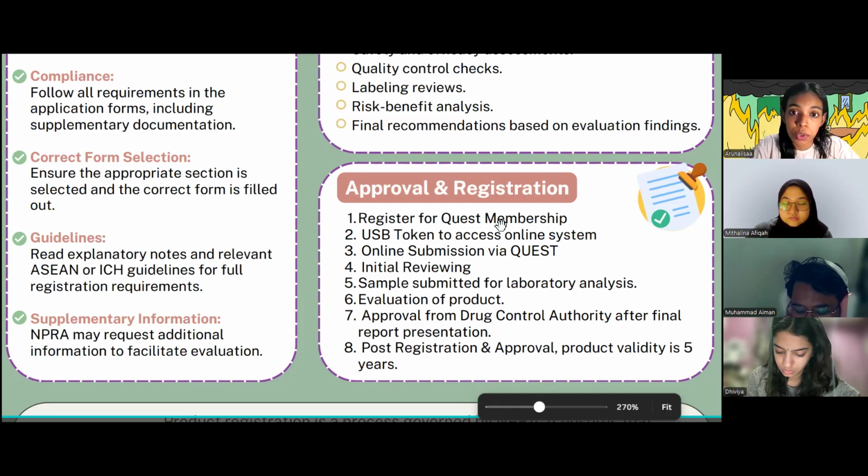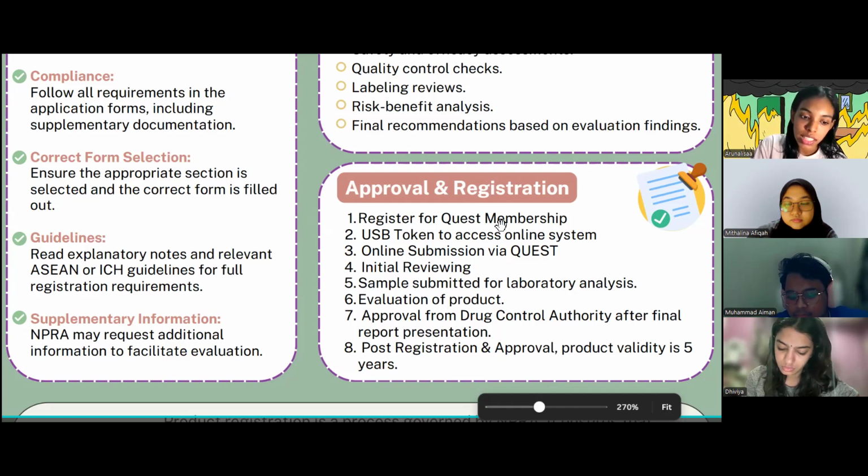And then the product will be sent to NPRA for initial reviewing, which is the applicant must ensure that all required information is submitted. If additional data is needed, they will contact and notify the applicants. The fourth one is sample will be submitted for laboratory analysis at NPRA as well.